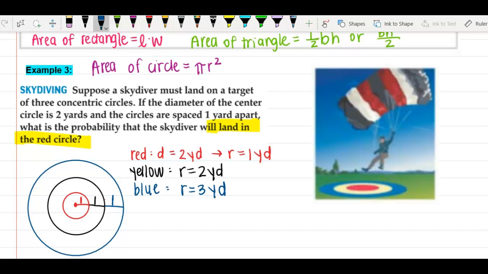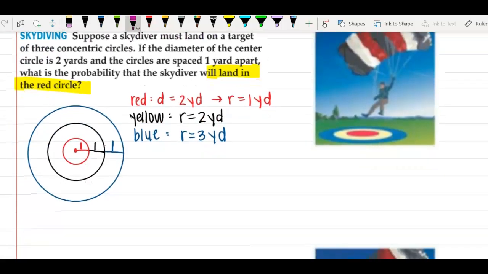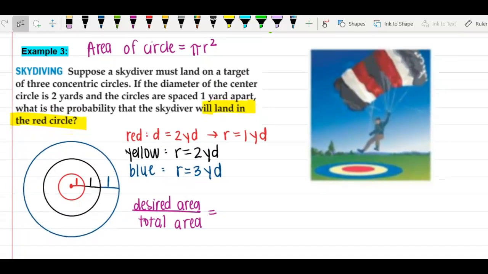Okay, but we want the probability that he's going to land in the red. So we want the desired area over the total area. And remember, area of a circle is pi r squared.